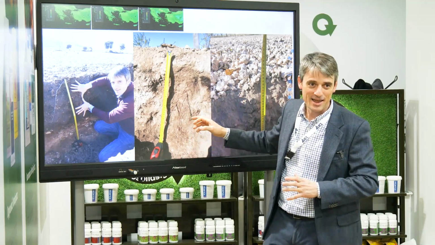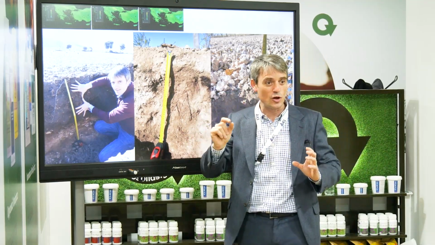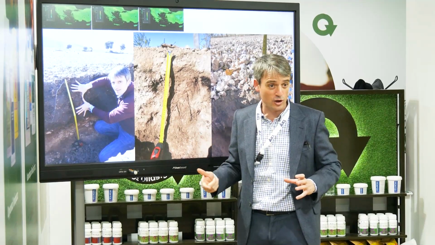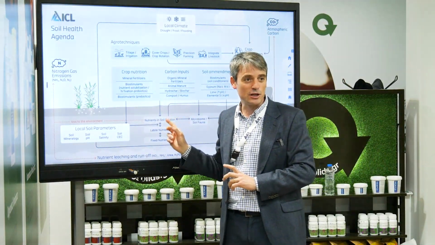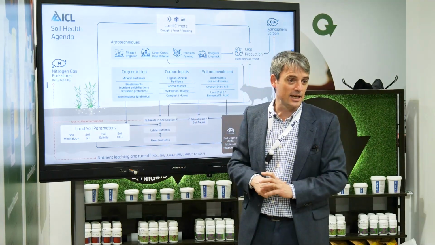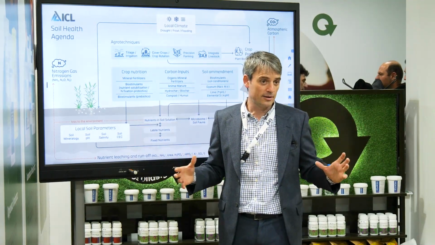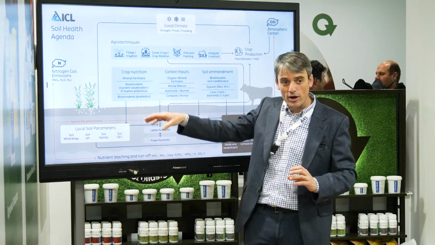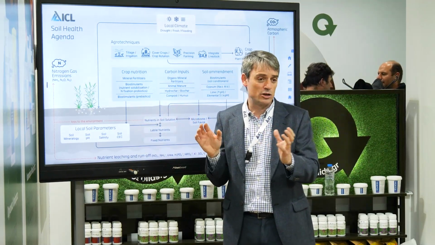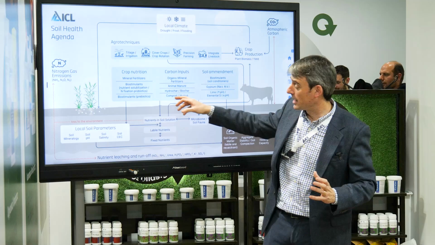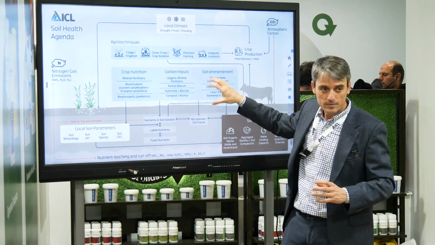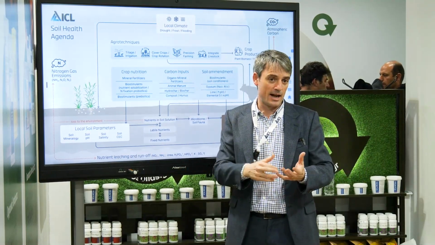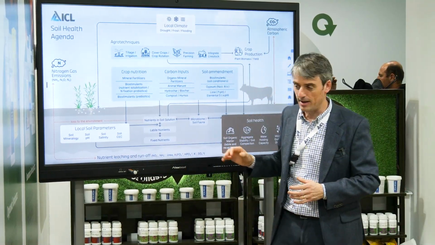So how to manage these soils and focus on those processes of soil degradation, soil salinization and soil organic matter? This is our vision in ICL for soil health promotion, and it needs an overall management strategy, considering the inputs of organic carbon, balanced crop nutrition, and additional soil amendments like lime or gypsum that can be part of it.